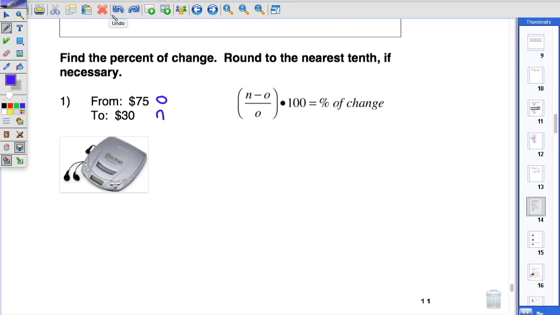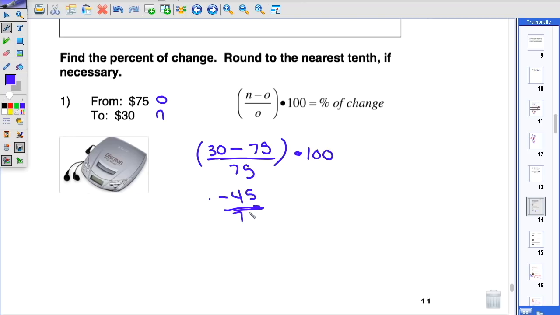The new amount is $30 minus the old amount, which is $75, and we're going to divide that by 75. We have to multiply that by 100. So first do your subtraction. So we get negative 45 divided by 75, multiply that by 100.